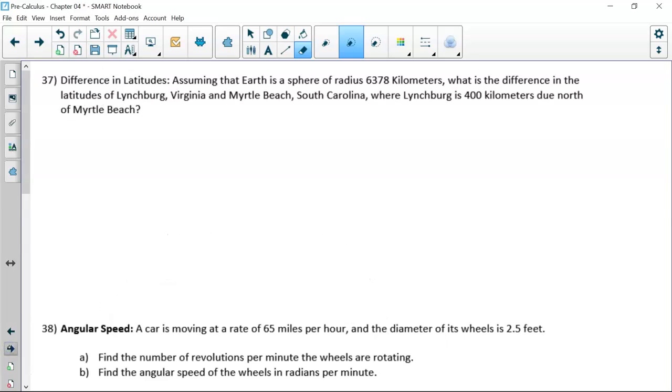37. Differences in latitudes. Assuming the Earth is a sphere of a radius 6,378 kilometers, what is the difference in latitudes of Lynchburg, Virginia, and Myrtle Beach, South Carolina? Where Lynchburg is 400 kilometers due north of Myrtle Beach. So think about the Earth.